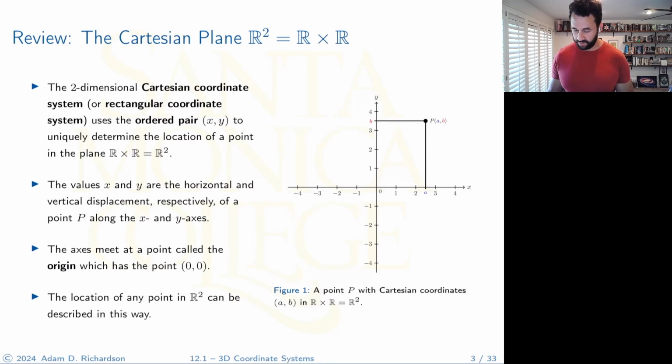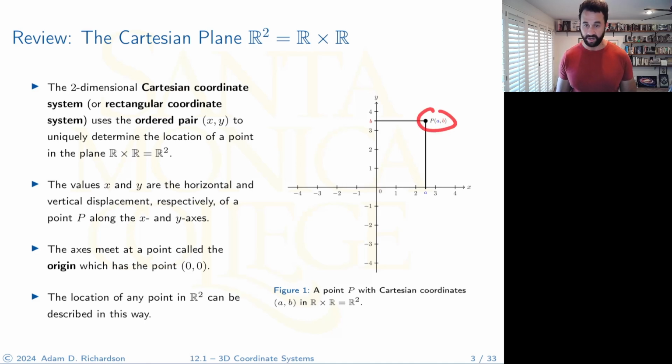All right, so here's a quick review. I'm assuming all of you are very comfortable with this. This is just the Cartesian plane, R2 or R cross R. We use the Cartesian coordinate system oftentimes to describe points in this space. There's also the polar coordinate system, which we'll review briefly later on because we're going to use it. And the idea is basically that we use an ordered pair (x, y) to uniquely determine and describe the location of a point in the plane.